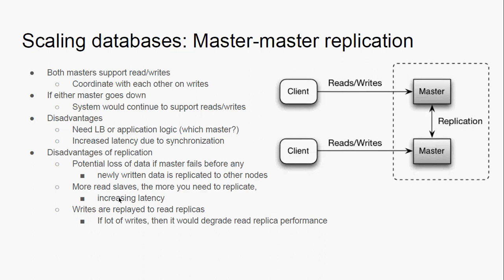Similarly, even if you have more read slaves, it also increases latency because they themselves still need to replicate to slaves, which means the write performance will take a hit. So the latency will be a little more.